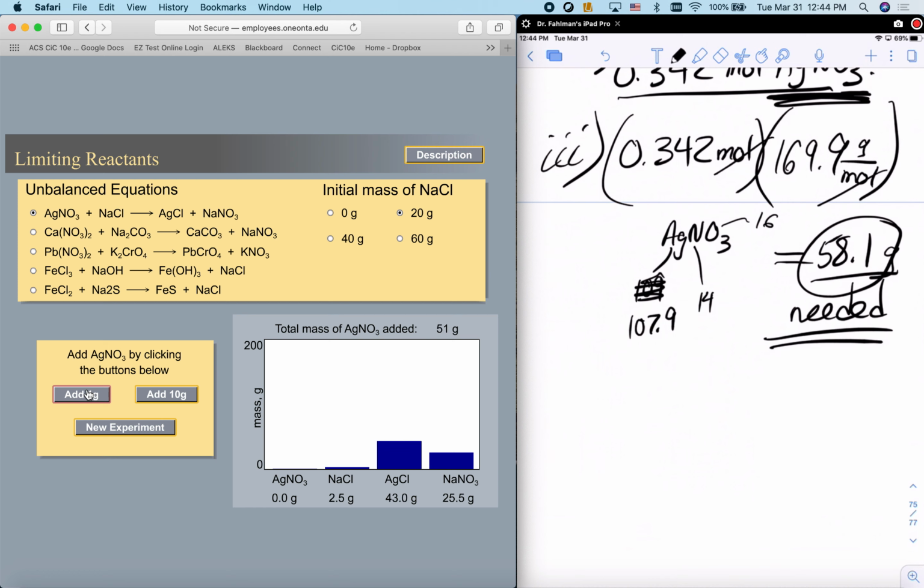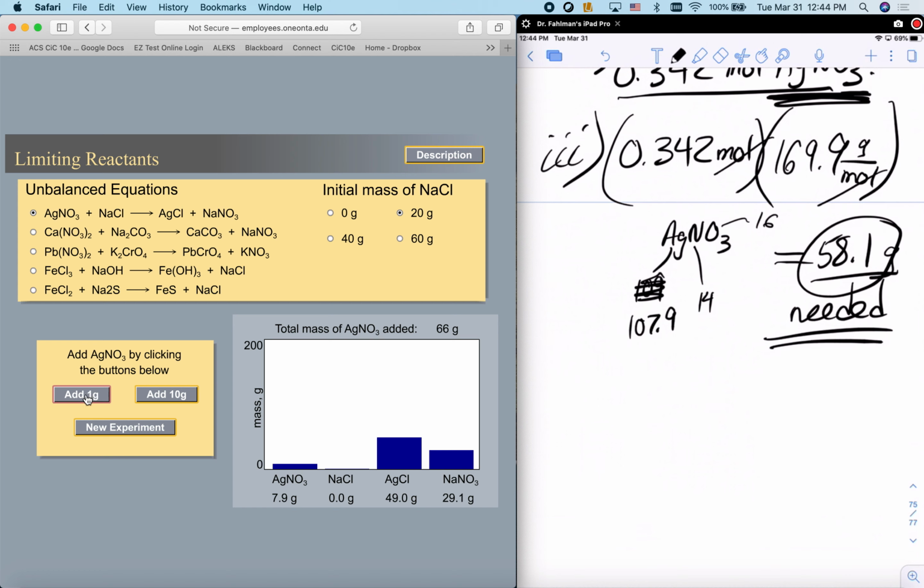But as we add this 58 grams of silver nitrate corresponding to our calculation, notice what happens. There's no sodium chloride left. So this amount corresponds to just what we need to cause these products to be formed. Now, as soon as I start adding more silver nitrate, notice there is no change in product.